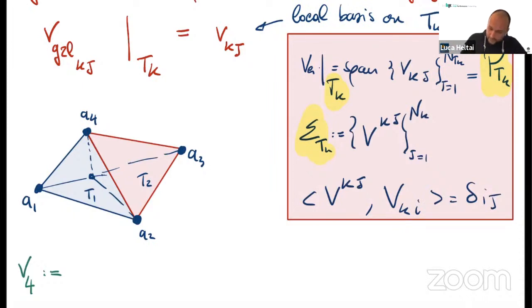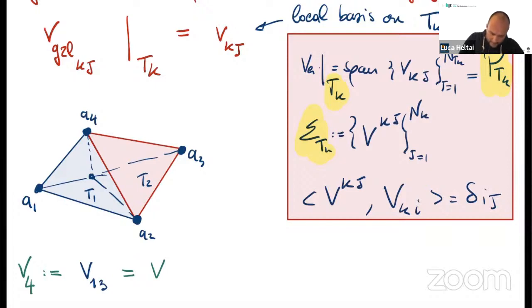So V4 is equal to V_{1,3}. So locally, if I look at V_{1,3}, I am saying it's the third basis function of triangle 1, and it's equal to V4. So the idea would be the following.